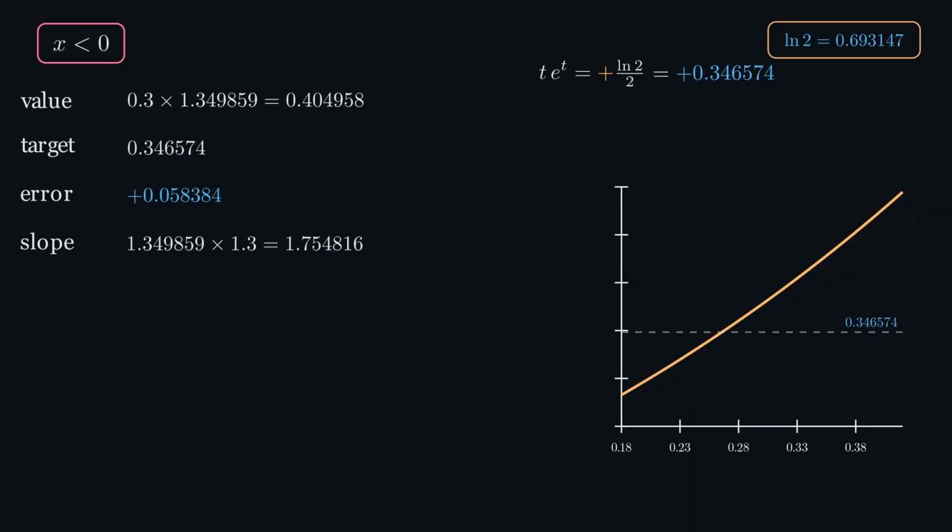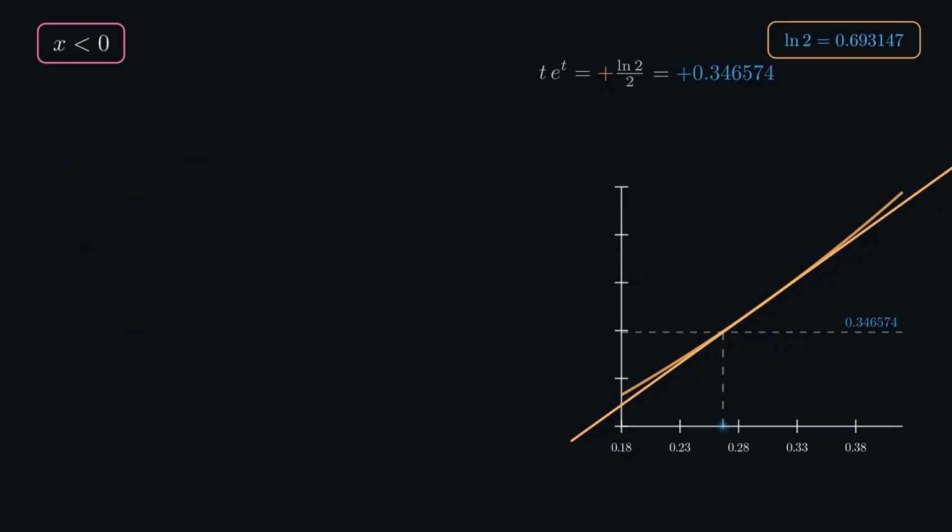Slope, 1.349859 times 1.3, which is 1.754816. Correction, 0.033271. New guess, 0.266729. Breathe. We've been at this a while, so let the ritual carry us.